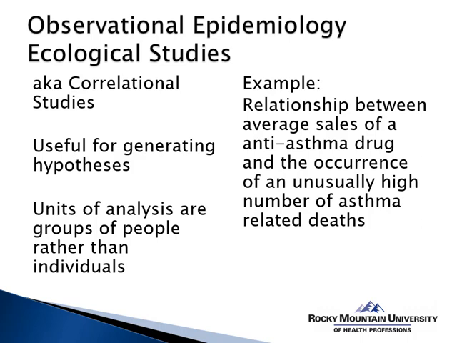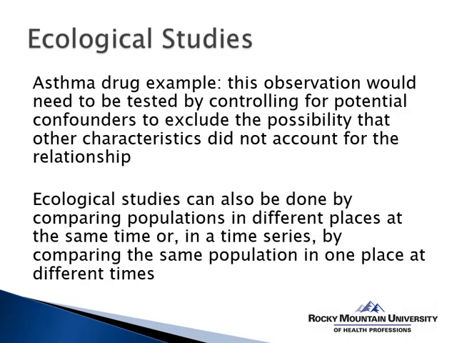What's the relationship between average sales of an anti-asthma drug and the occurrence of an unusually high number of asthma-related deaths? So in this asthma drug example, this observation would need to be tested by controlling for potential confounders to exclude the possibility that other characteristics did not account for the relationship.